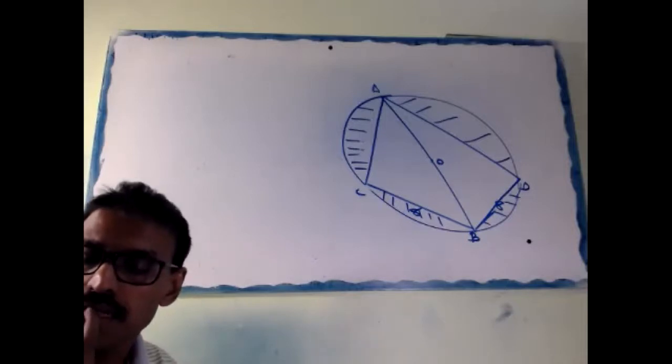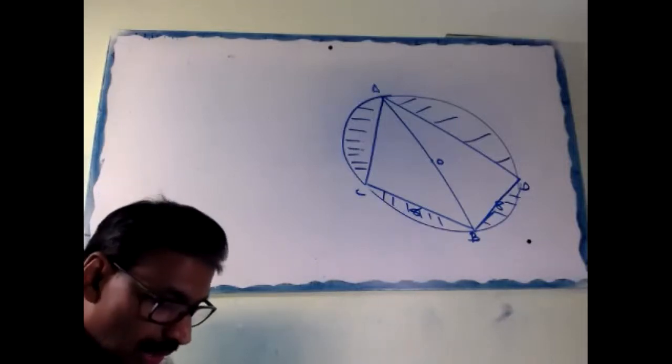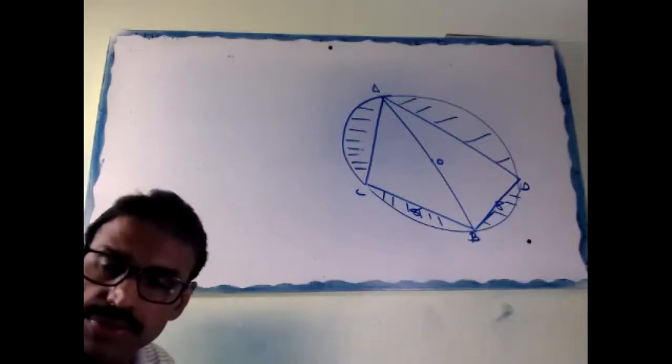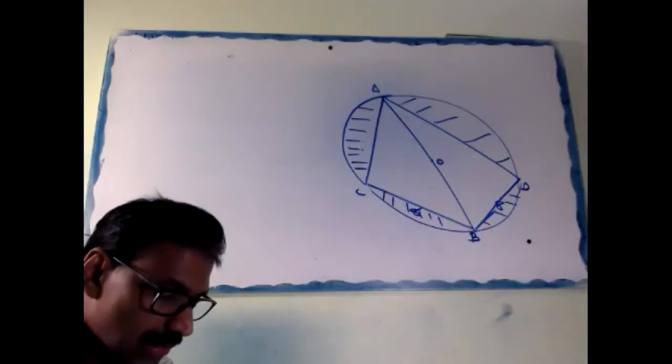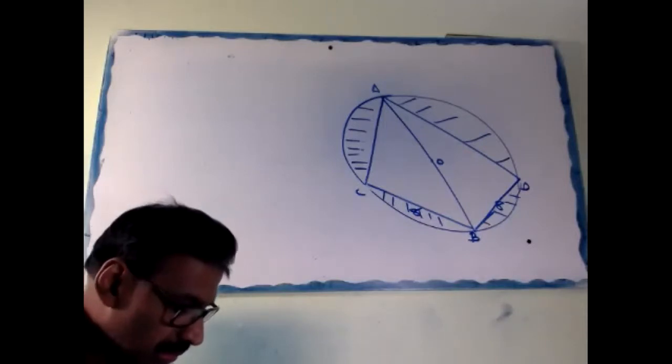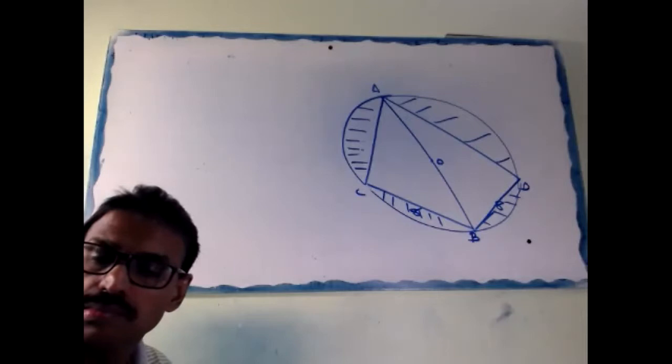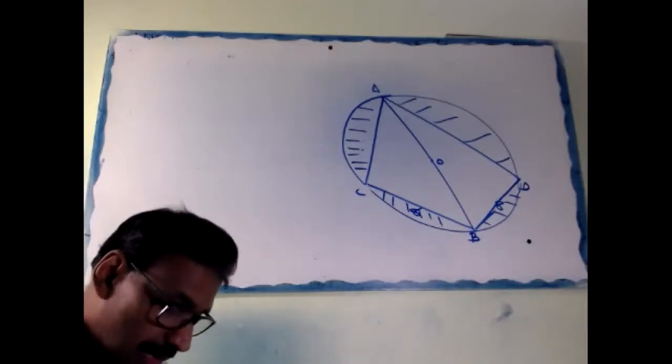Okay, correct. What areas? Area of the circle. You got the radius with you? Okay, I'll wait.